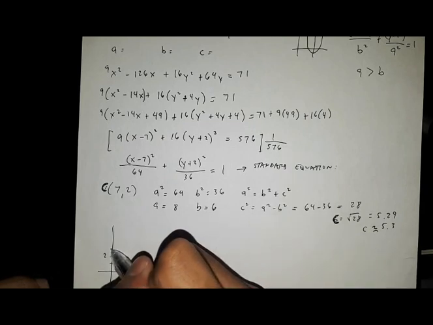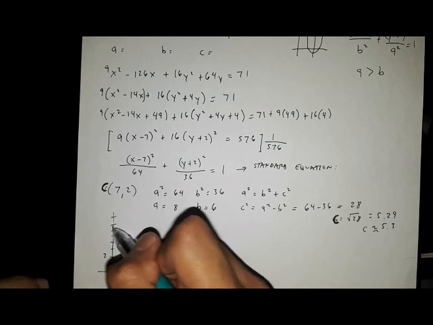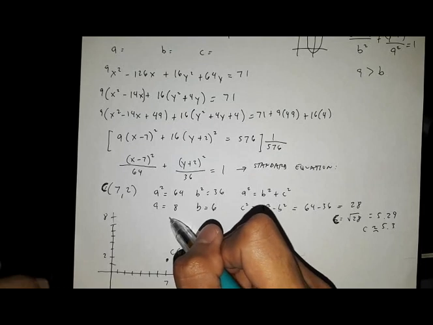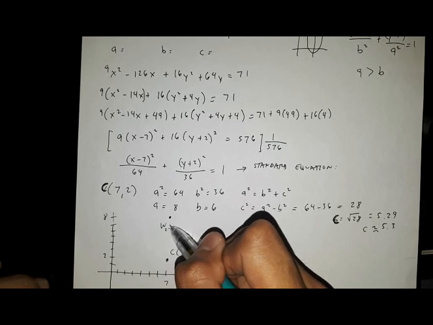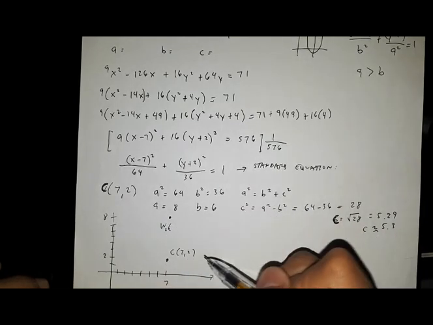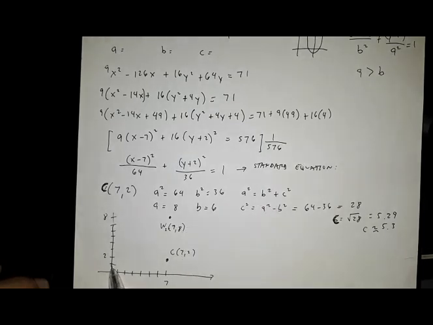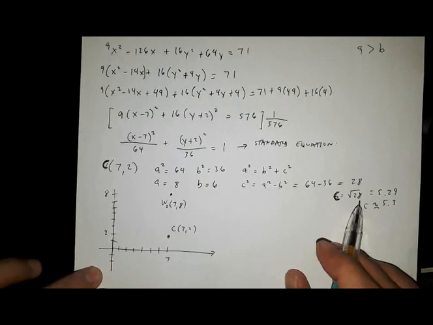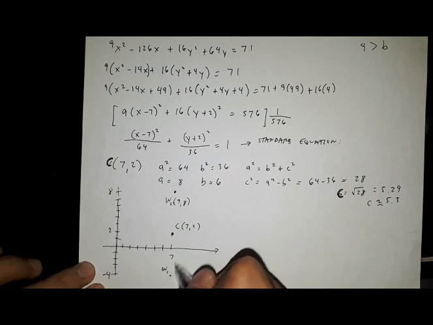So let's count 6. 1, 2, 3, 4, 5, 6. So it's 8. So your covertex 2 has the coordinate of 7, 8. Let's count 6 here. 1, 2, 3, 4, 5, 6. So this is negative 4. So the covertex 1 has coordinate of 7, negative 4.